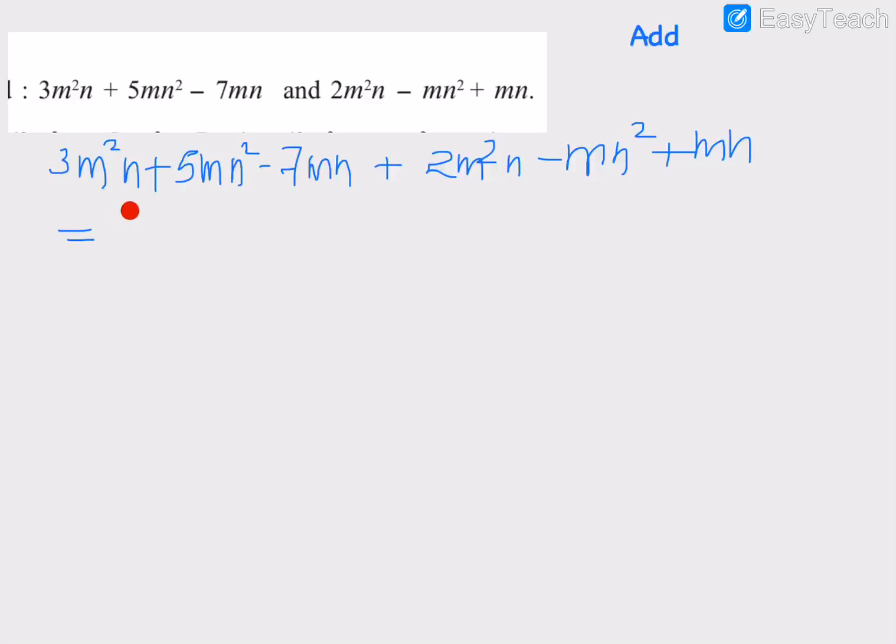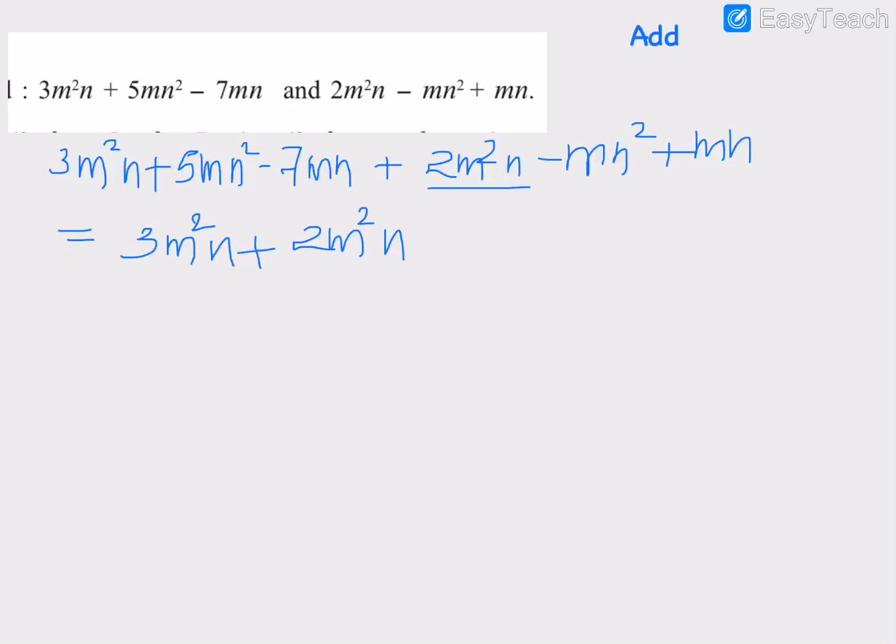So m square n is the first term, and the other m square n term is here also, you can see. So we will write 3m square n plus 2m square n.